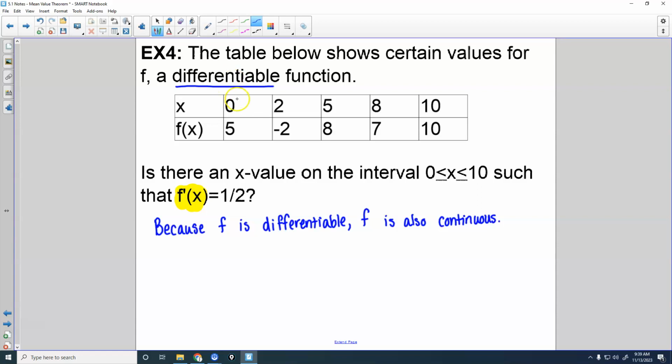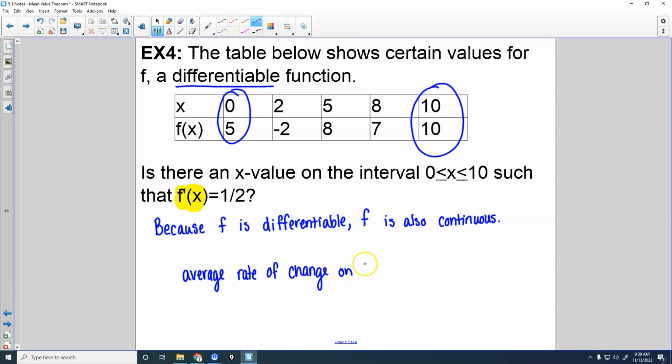So we are going to take our average rate of change on, now it could be on any interval, but they tell us it's from 0 to 10, so that's what you want to check first. Average rate of change on 0 less than or equal to x less than or equal to 10.